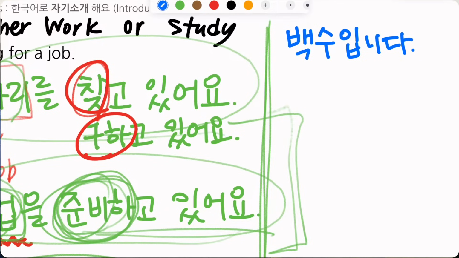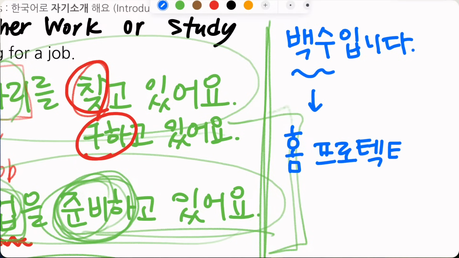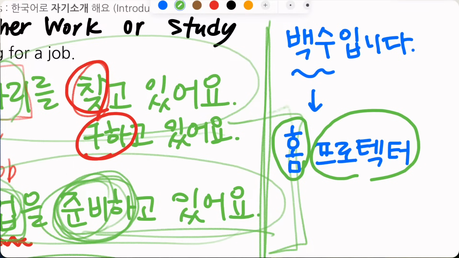But these days there's a wittier slang that's used in place of 백수 that goes like this. 이게 홈 프로텍터. So it's a relatively recent slang. So not all Korean people might be aware of it. But if you break this down, it comes from English word, guys. Home, protector. What do you think protector means? Protector. So it's like saying I'm a home protector.